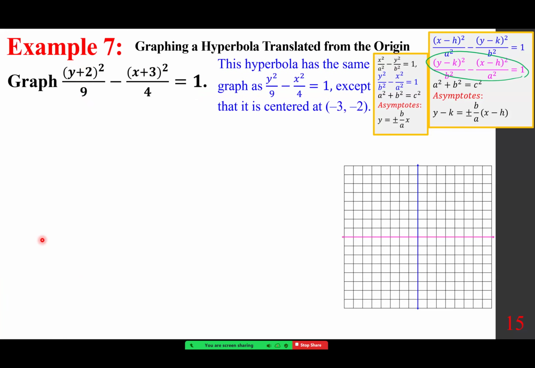This hyperbola has the same graph as if you didn't have the different center, as y squared over 9 minus x squared over 4 equals 1, except that it is centered at -3, -2. So if you graph this one and shift it by this much, you get the same thing.